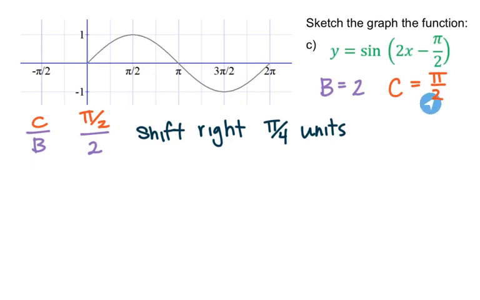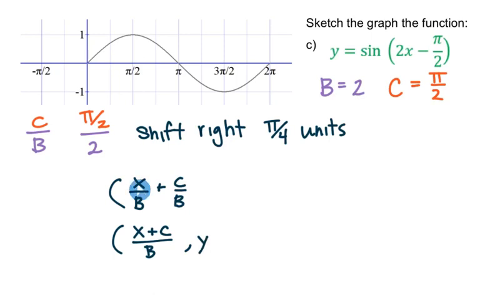So instead of shifting pi over 2 units, we're going to shift pi over 4 units. So we're going to take those x values, divide them by b, and then add my c over b. Or rather, we could say x plus c, divided by b, because it shrinks the period and then we shift it by this phase shift quantity.